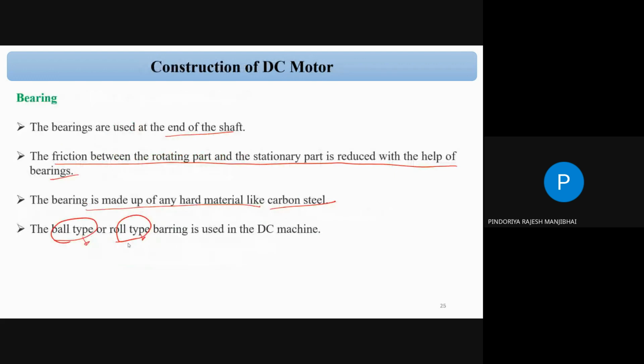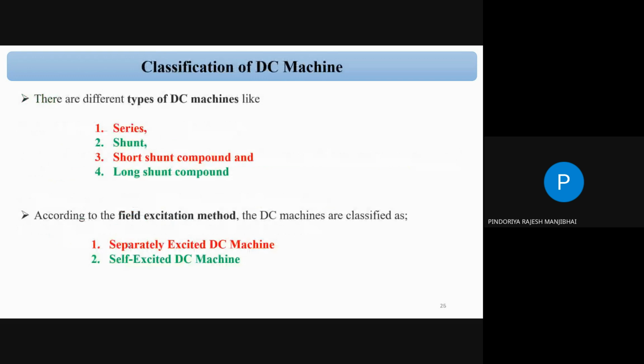So till now we have covered the parts of the DC machines. Now classification. We can classify DC machines as series machine, shunt machine, short shunt compound machine, and long shunt compound machine.